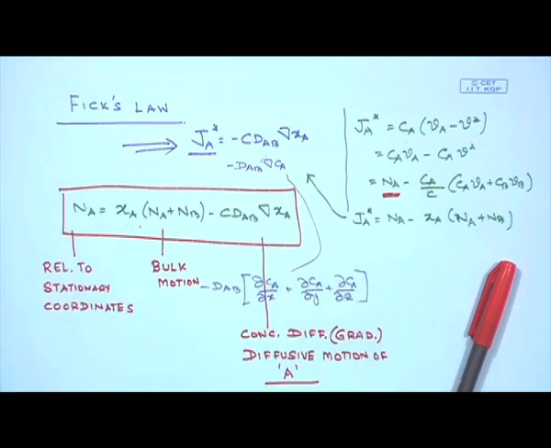Therefore, the problem of Fick's law is to be resolved. The first thing that needs to be resolved is how to get rid of Nb from the expression of Na.